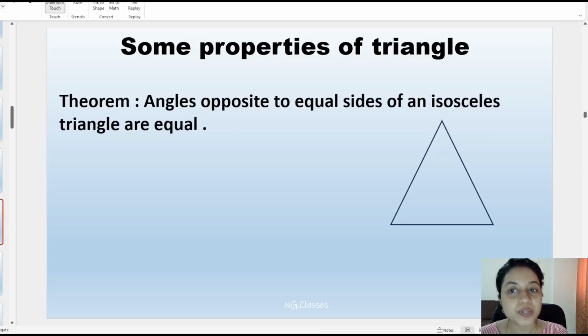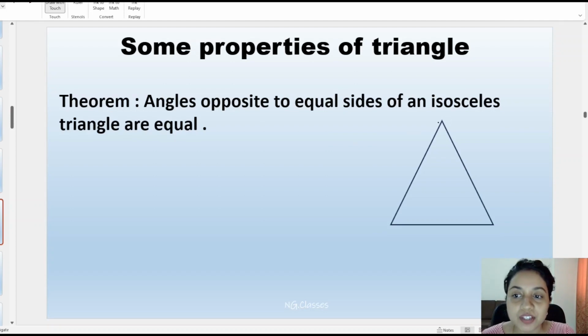Let's see some properties of triangles. So here our theorem says angles opposite to equal sides of an isosceles triangle are equal. We have already used this theorem while solving many of the questions. Here we are going to prove this theorem. So let's prove it.